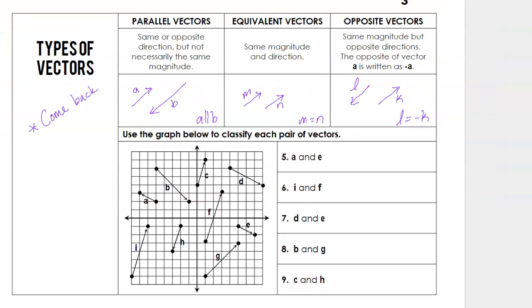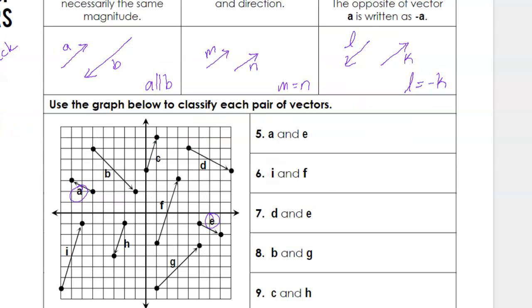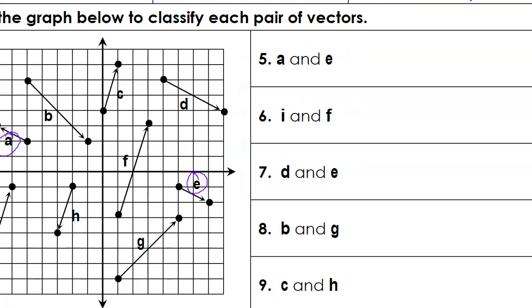So let's do a couple quick examples. A and E. What do you think those vectors are to each other? They are like each other, but they're even more than parallel.